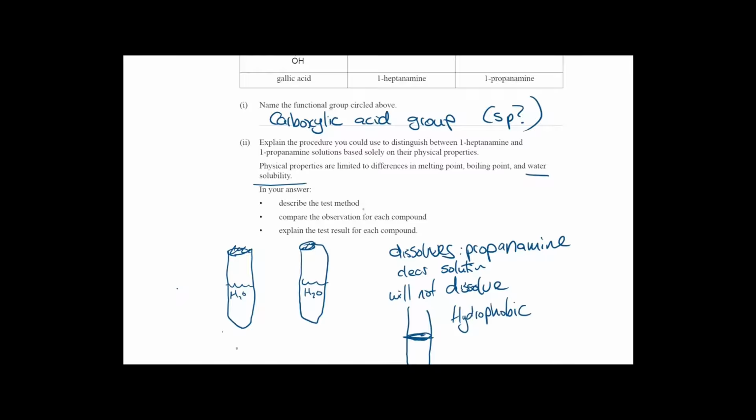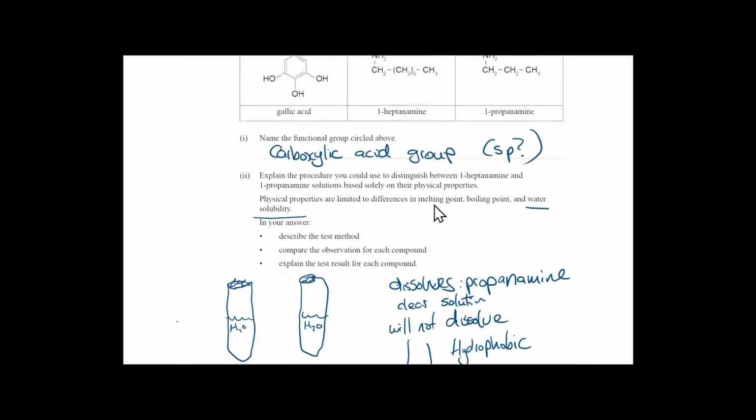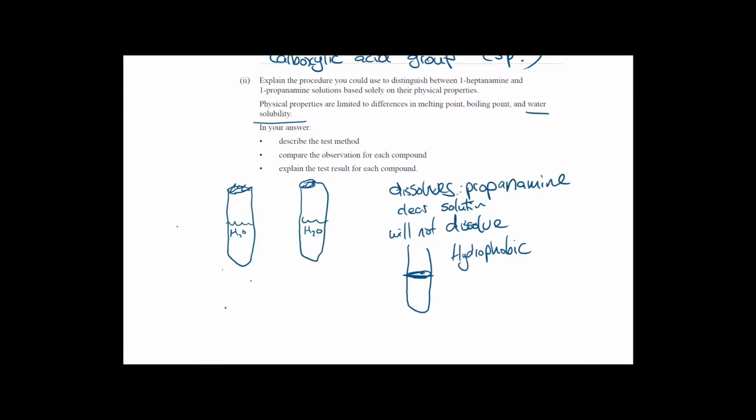It has a great big long tail here. It has these two hydrogens coming off it, and then this 1, 2, 3, 4, 5, 6, 7 tail, and this is going to repel water. So it's going to form a layer, and it's probably less dense than water, so it's probably going to float.